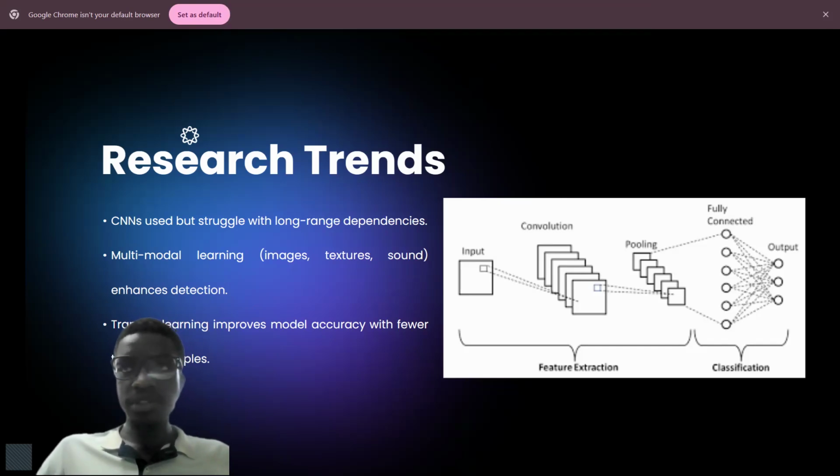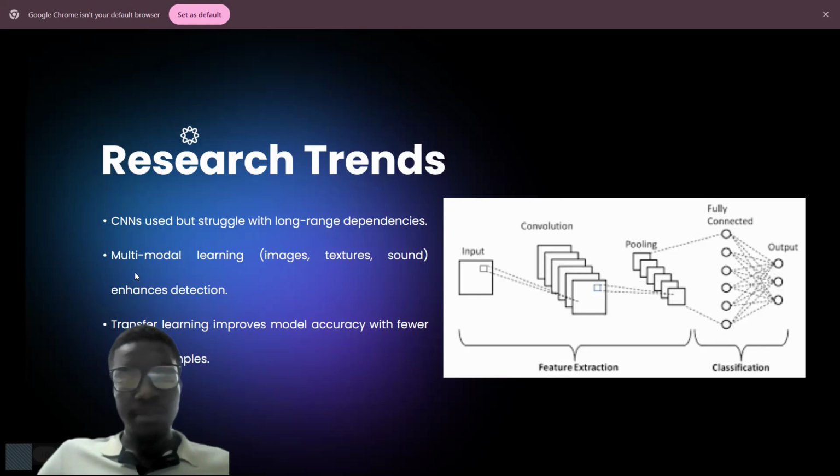What do I mean by long range dependencies? We know that ViTs can analyze a picture, see the patches, and then compare those patches with the original image that was given to it. This is a disadvantage to the CNNs because they cannot do that.